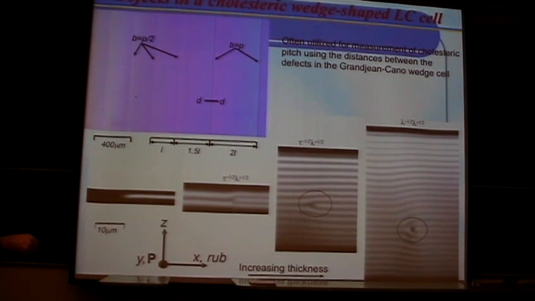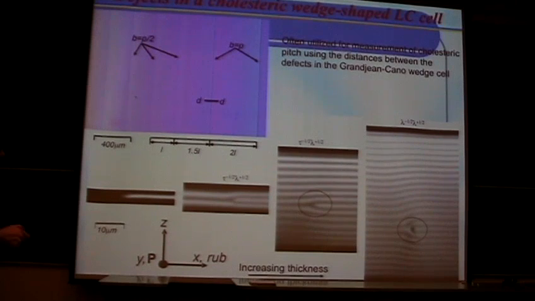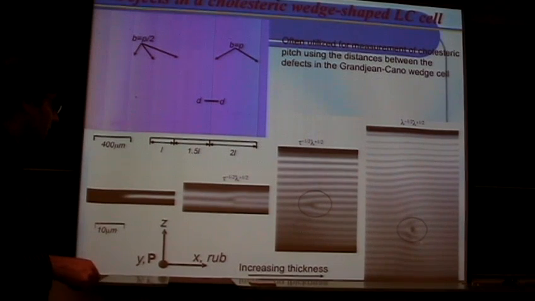However, in the thicker part of the sample, the defect lines are much thicker, and the vertical cross-section of the sample perpendicular to this line allows us to understand that we now have insertion of two different cholesteric layers, and the disclination pair observed is the lambda minus 1/2, lambda plus 1/2 disclination pair. So this is now a dislocation in this layered system with Burgers vector equal to the cholesteric pitch.